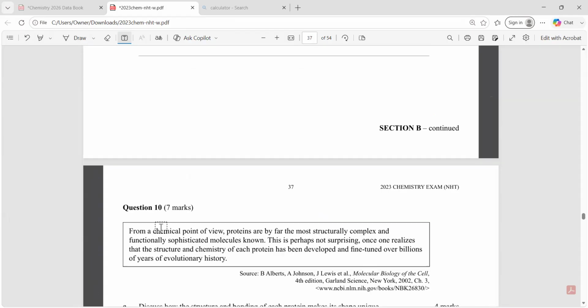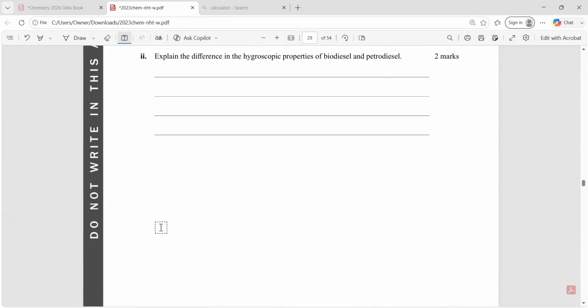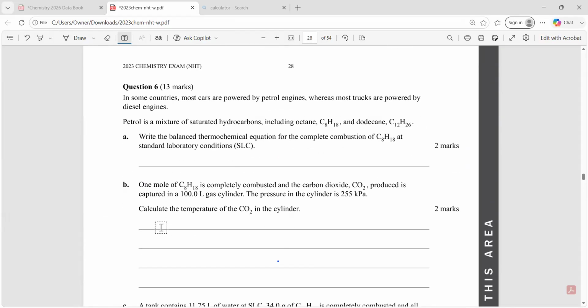Cool. So I'm going to do that in the next part. So I'm going to do the next question. Write the balanced thermochemical equation.